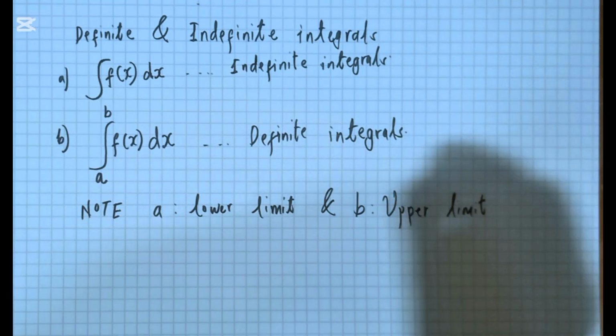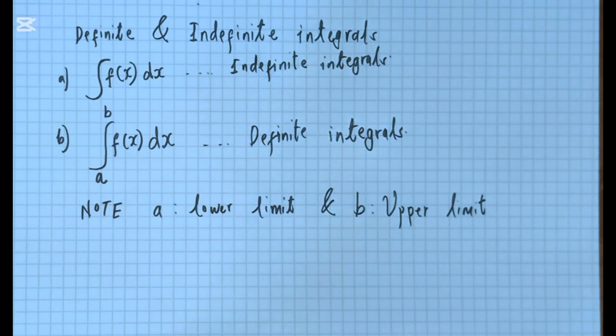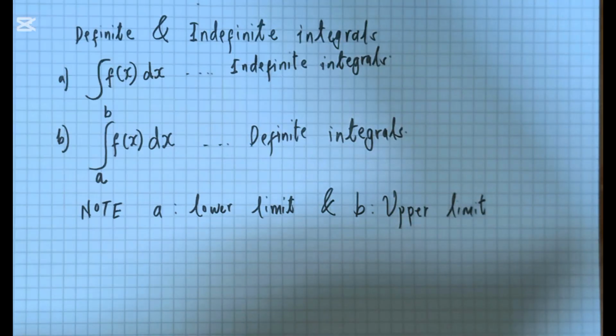All right, so why don't we go ahead and see an example. First of all, we're going to begin with an indefinite integral, as that is somewhat familiar from the previous classes. Then we'll go to definite integral problems.